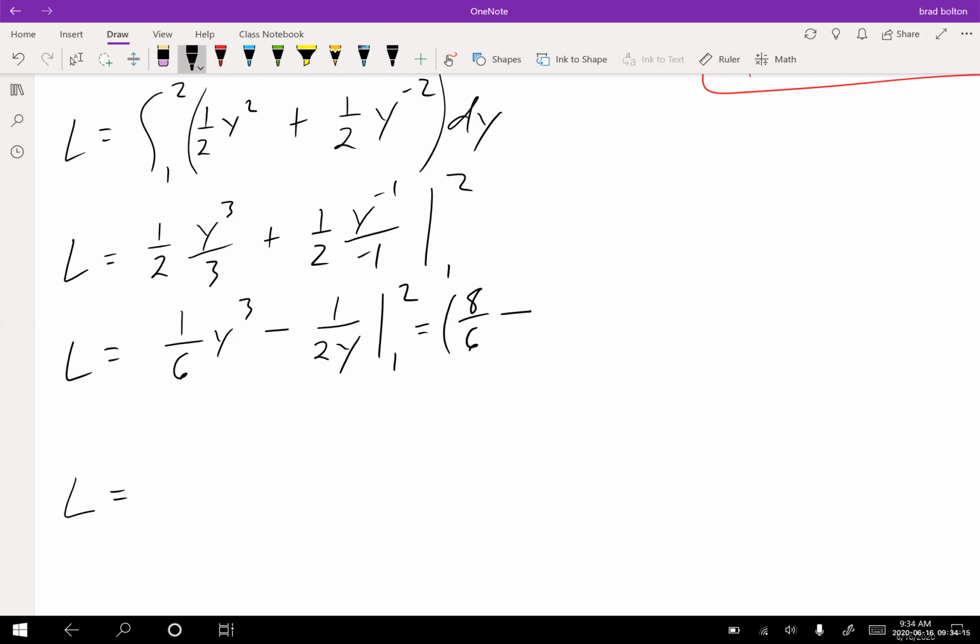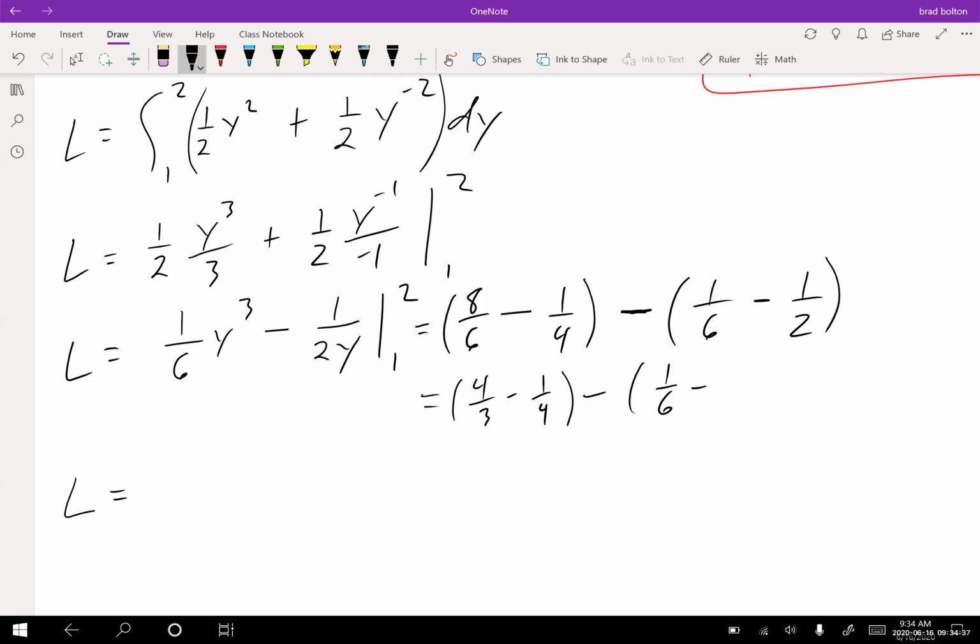Oh, that's 1 over 4 minus, now we plug 1 in. This would be 1 over 6 minus 1 over 2. And let's see if that works. So this will be 4 over 3 minus 1/4 minus 1 over 6 minus 1/2.